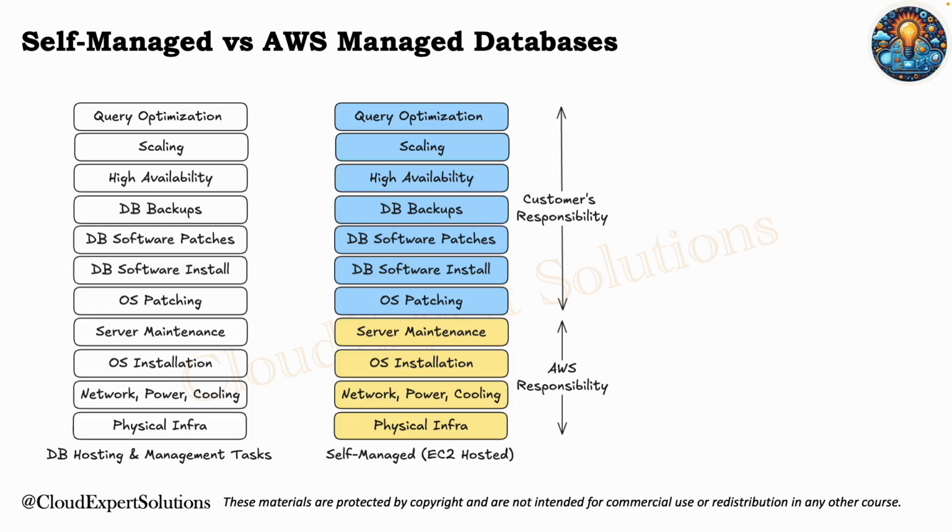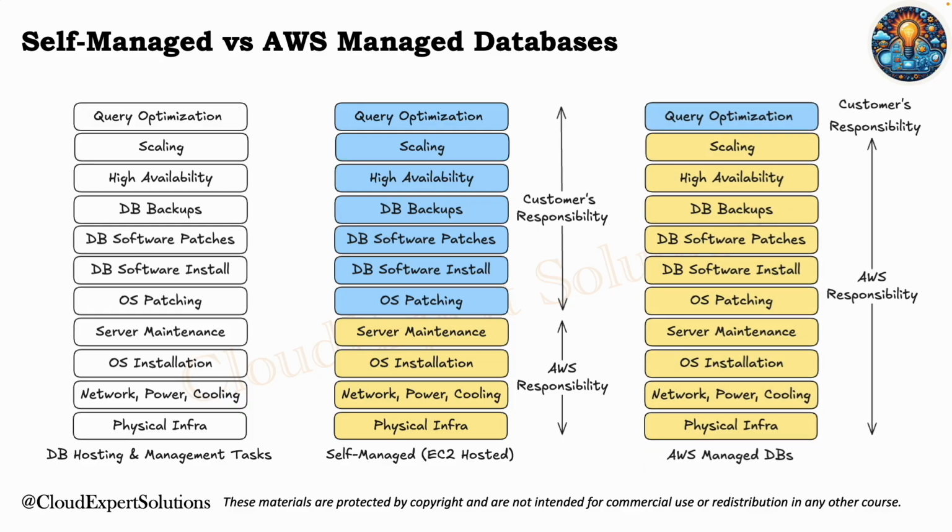However, when you choose any AWS managed database services, you can only concentrate on query optimization, which is absolutely required for your application, and offload the remaining DBA heavy lifting to AWS.